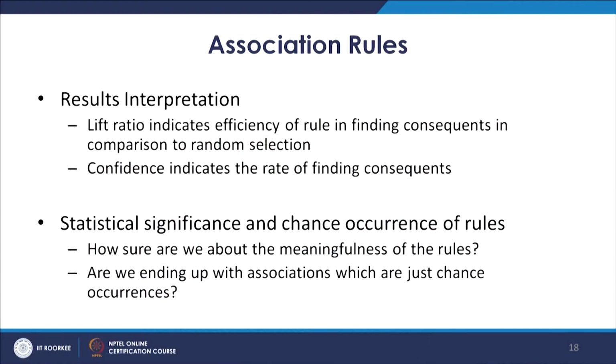So, how sure are we about the meaningfulness of these rules? Are we ending up with associations which are just chance occurrences? How do we clear some of these questions? That is also important. So, let us open RStudio and we will try to understand this aspect through an exercise.